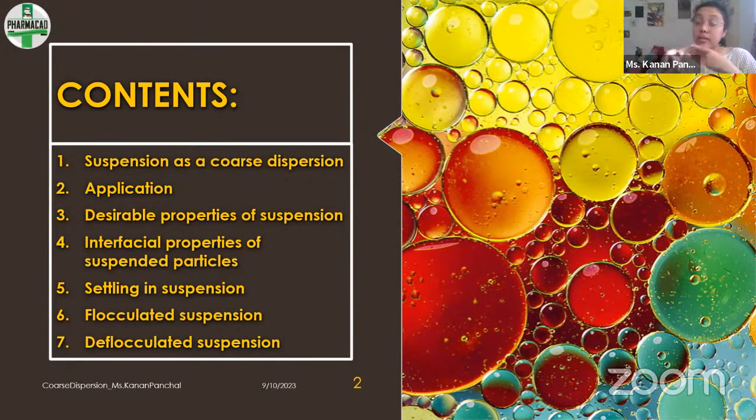This time, so that for you all to have a better understanding, I'm thinking मैं coarse dispersion का suspension वाला part पहले समझा दूं, and then we will discuss suspension का formulation aspect. So you are done with suspensions. Later on, we will discuss about coarse dispersion का emulsion theories, and then emulsion as formulations. Will that be better? Is that fine with you all?